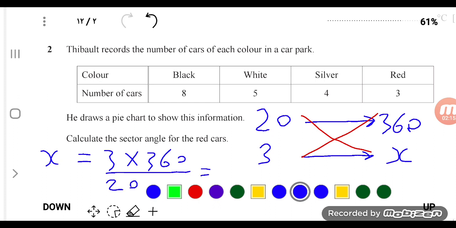So you get the answer, which is 54 degrees. Okay, and that is the answer. Let's now move to the next question.